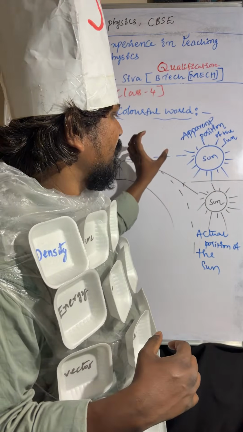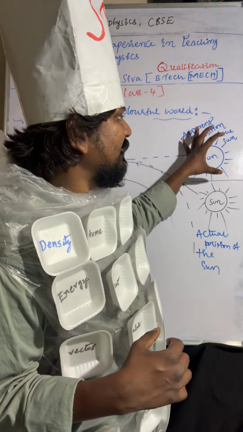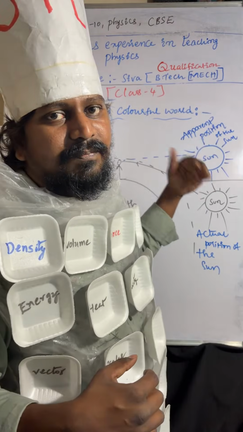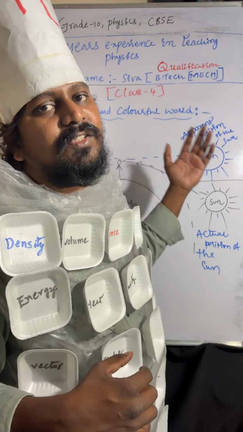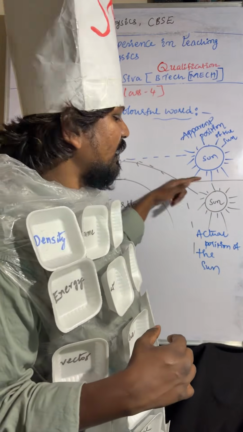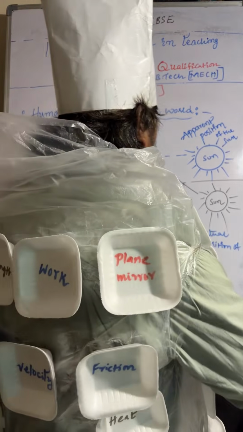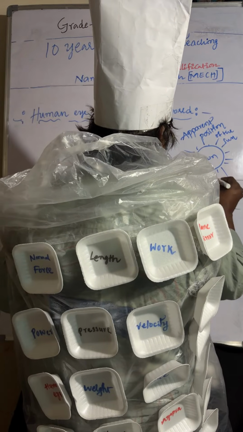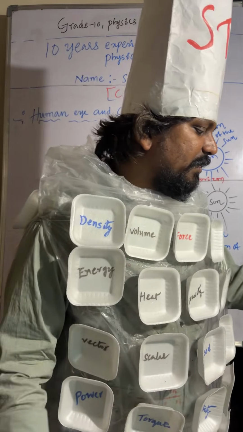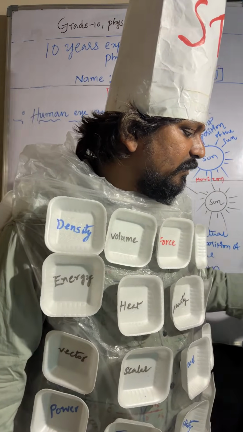Due to atmospheric refraction, the sun appears here. That is the apparent position of the sun. So how much time? Before 2 minutes only, the sun appears above the origin. This is the origin, so the sun appears here, above the origin. Understood? That is the upper end position.